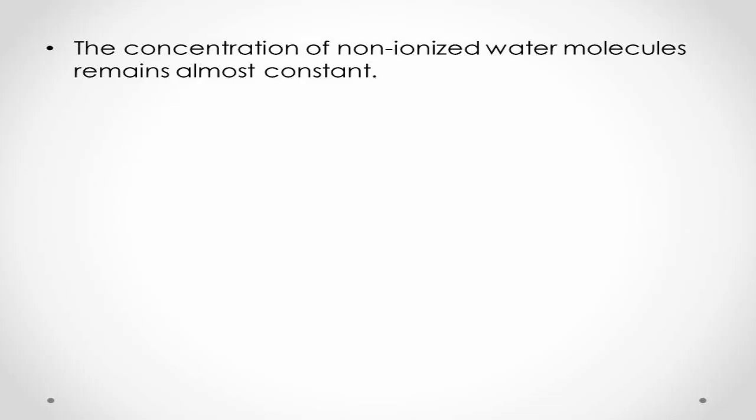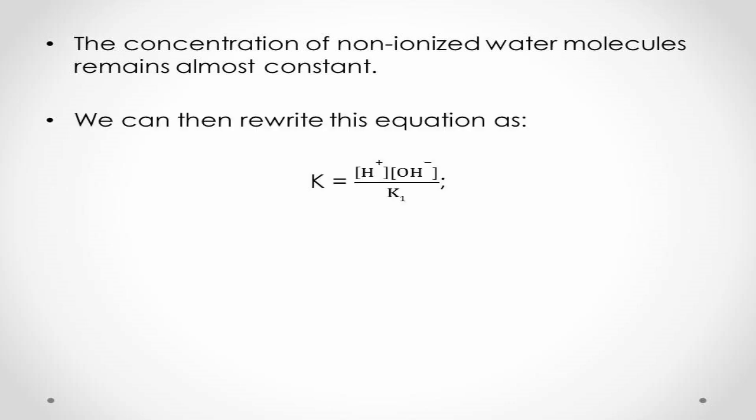However, since the concentration of undissociated water molecules is very large compared to the concentration of H plus and OH minus ions, we can consider that it practically does not change during the dissociation of water. We can therefore write a constant in the denominator, because the concentration of undissociated water molecules is constant, and we can denote it as a constant.